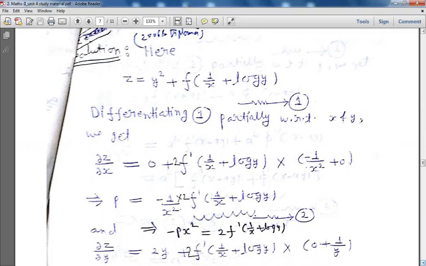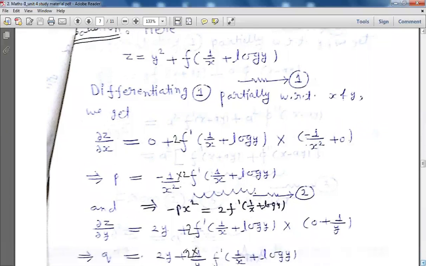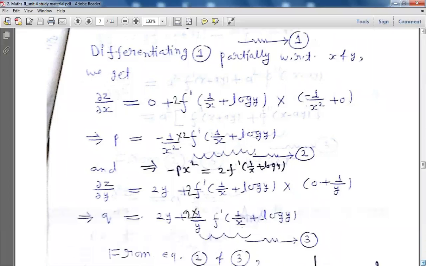The result is minus 1 upon x square plus 0. So p equal to minus 1 upon x square times f dash of 1 upon x plus log of y, equation number 2. The result is minus p x square equal to f dash of 1 upon x plus log of y.